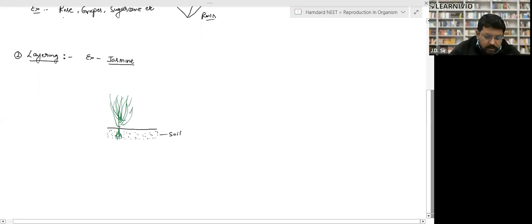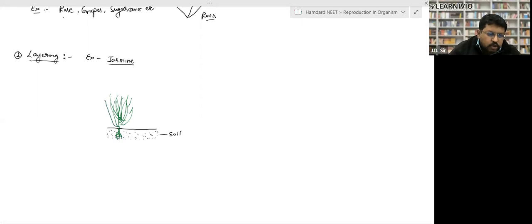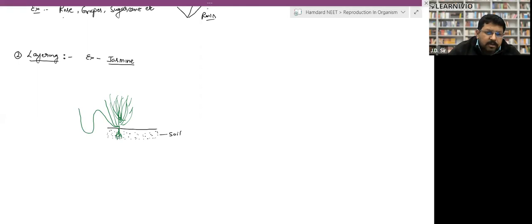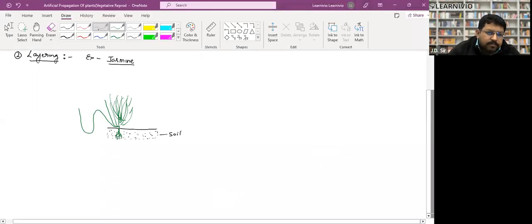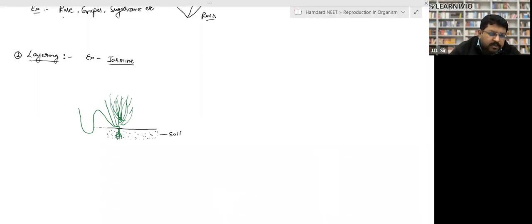Now there are some side branches. What we do is we take this branch and bend it this way, and half of the branch we bury inside the soil. Suppose this is the half of the part, and we have buried it in the soil, right?